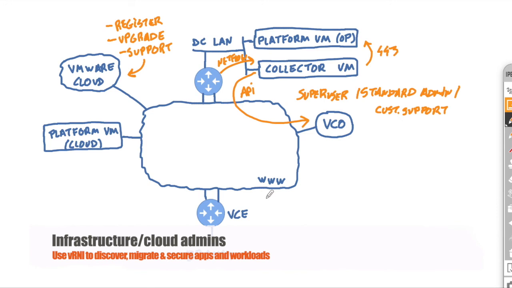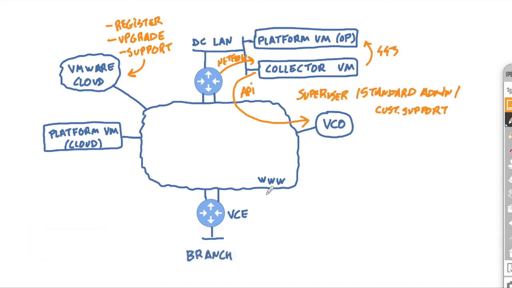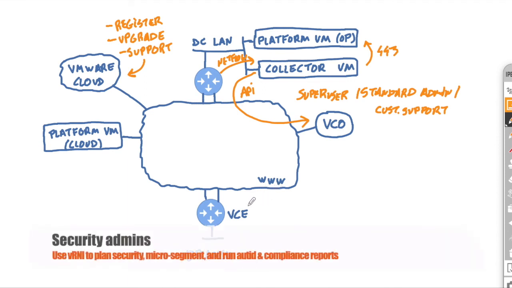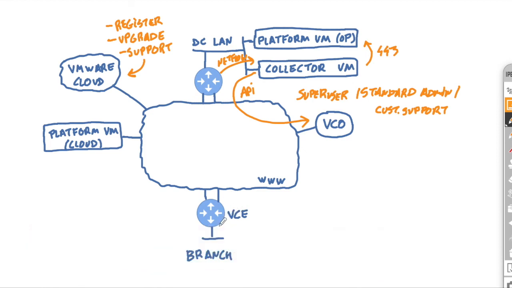They'll be more interested in discovering applications and having that capability to migrate and then secure them. And then the security admin itself will be very interested in the security planning, micro-segmentation capabilities, and also all the audit and compliance tools. So if you're doing anything regarding PCI, for example, vRNI can help you plug any holes inside your estate.